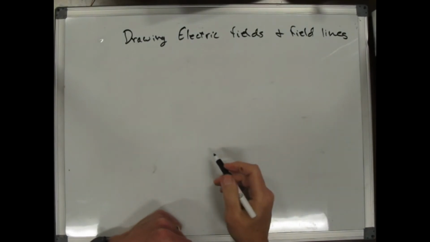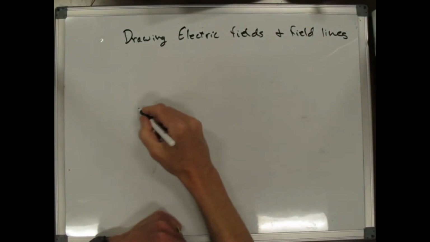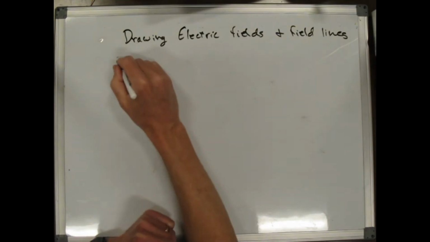So we're going to talk about drawing electric fields and electric field lines, right? And so there are 2 ways to do it.